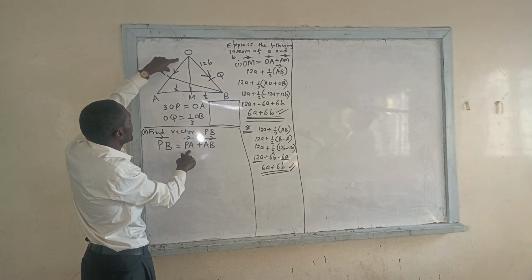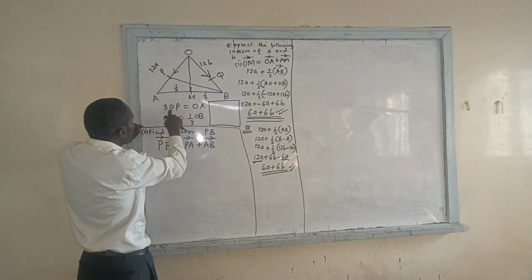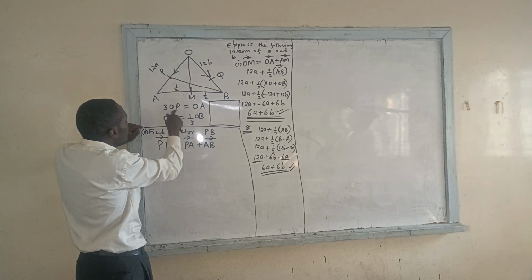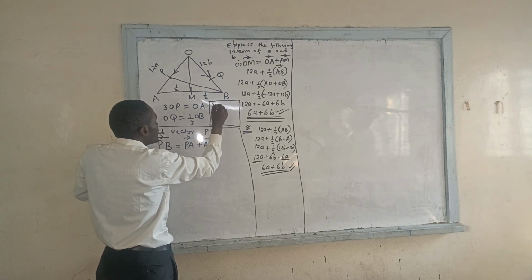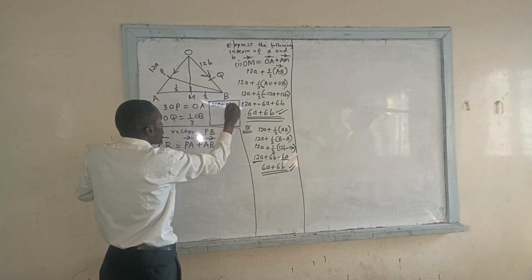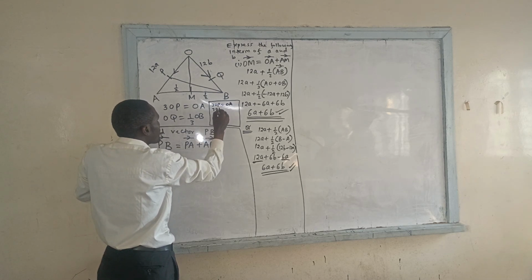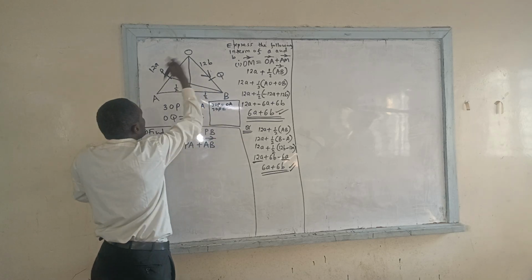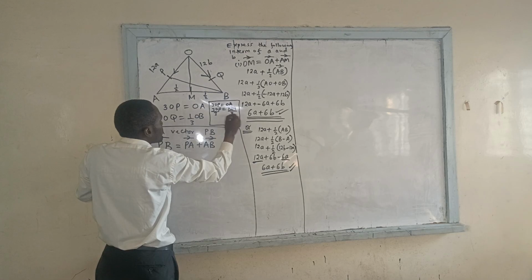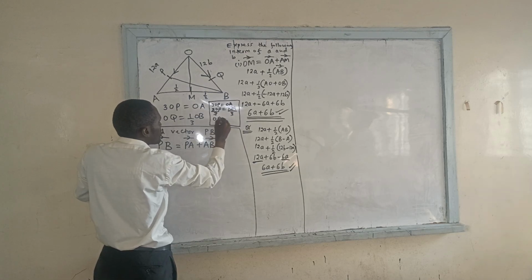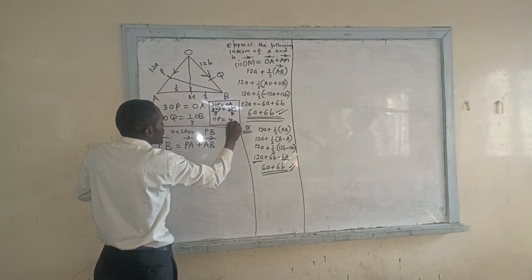So how do you get OP? We can try to come here and say, if OP is multiplied by 3, you should get OA. So we should just say 3OP is equal to OA. Then 3OP is equal to 12A, since OA is 12A. So we shall just divide by 3, so that we can get the OP. And our OP is going to be 4A.